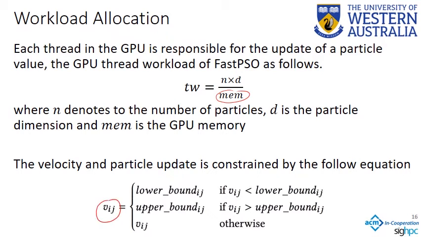The velocity and also the positions will need to be constrained within a range. So these are the equations that we need to use when we are updating or initializing the velocities of each particle.